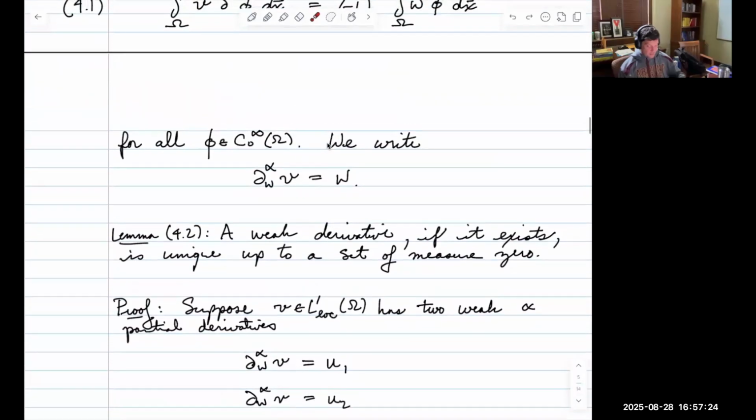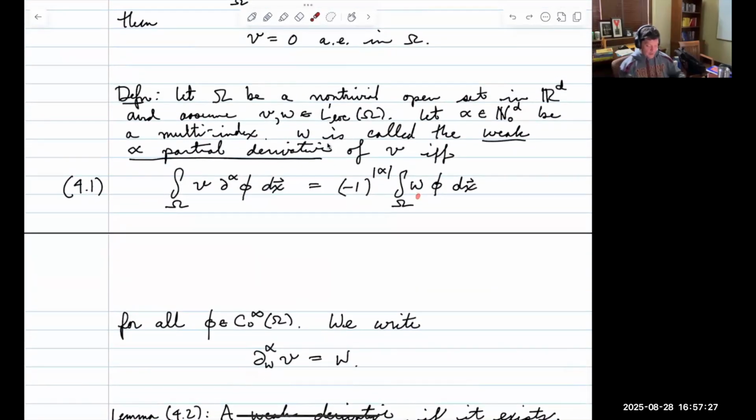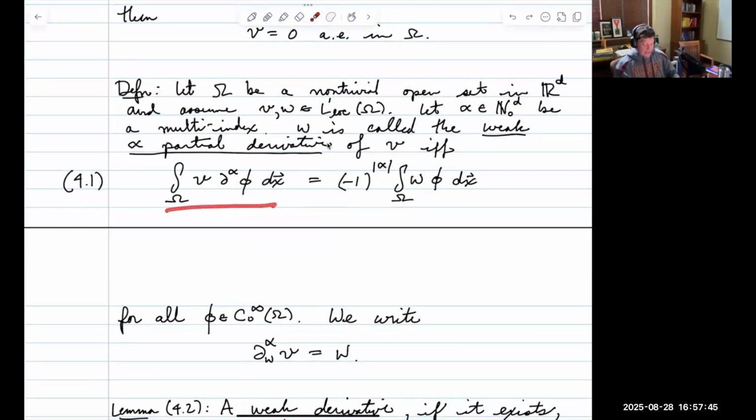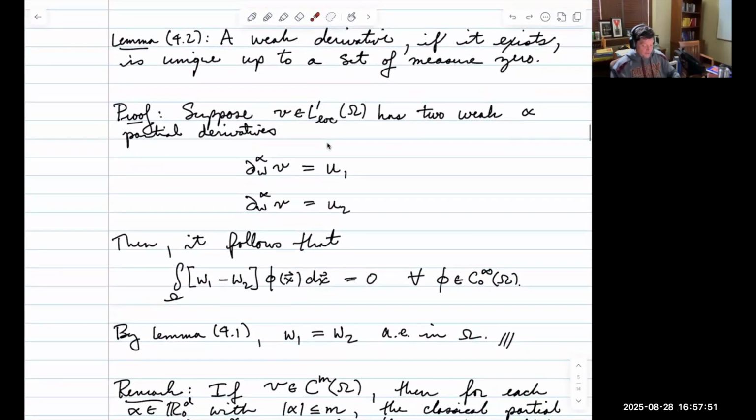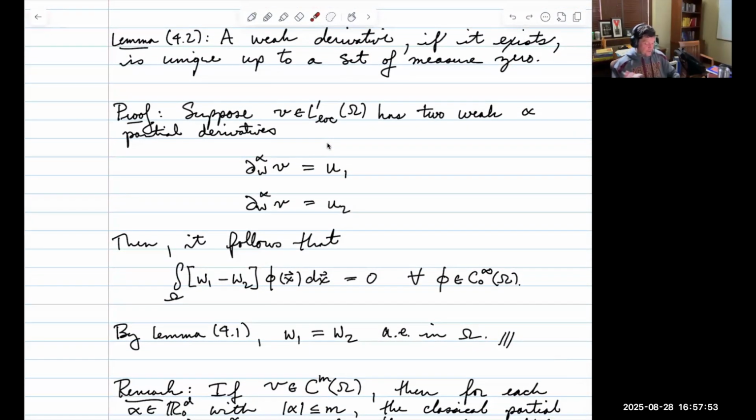If so, then u1 appears in this location, and u2 appears there, while this side is going to be exactly the same. So if I apply my formula, I could possibly get two different functions appearing for my candidate weak derivative. All I'm going to do is subtract the two. Then the left-hand side subtracts away to 0, and what I'm left with is the integral of w. Let's see, it probably makes more sense to call them w1 and w2.